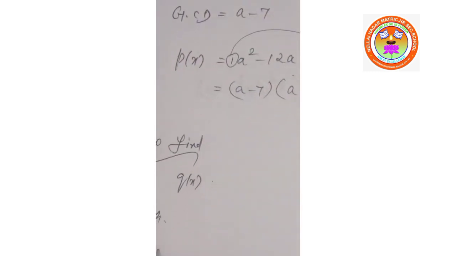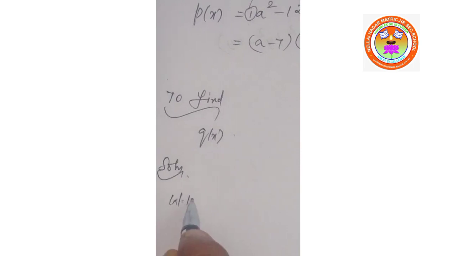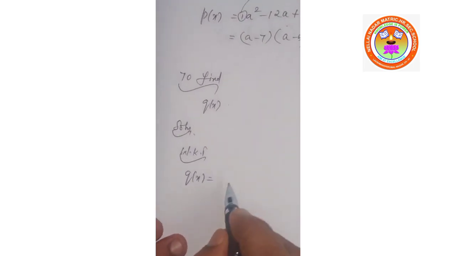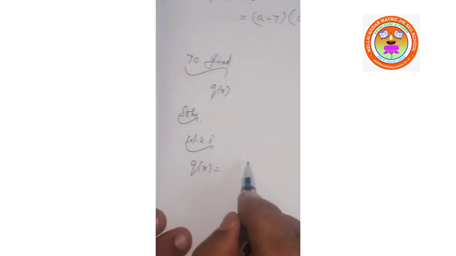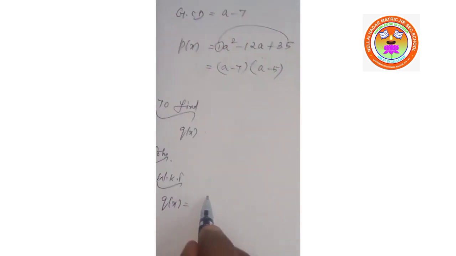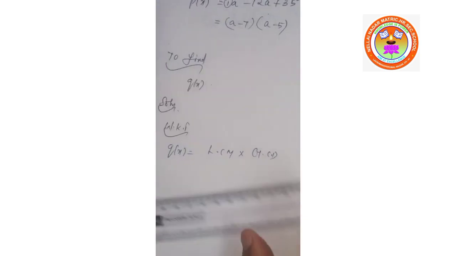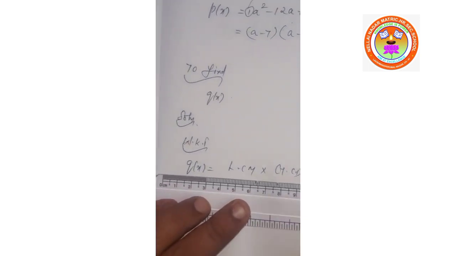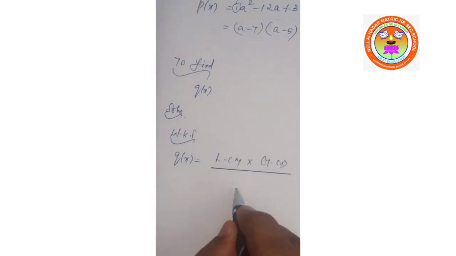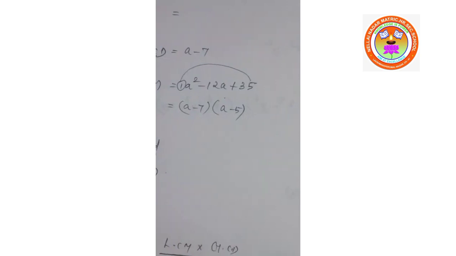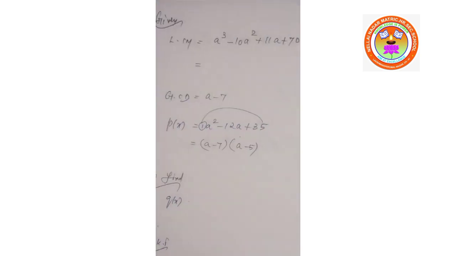You are asked to find out q of x. We know that q of x is equal to, this is a formula, listen, LCM into GCD by p of x. LCM, here we have to factorize.